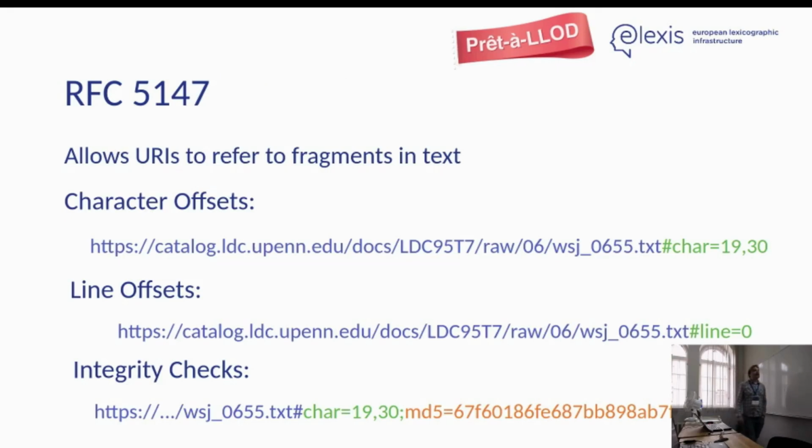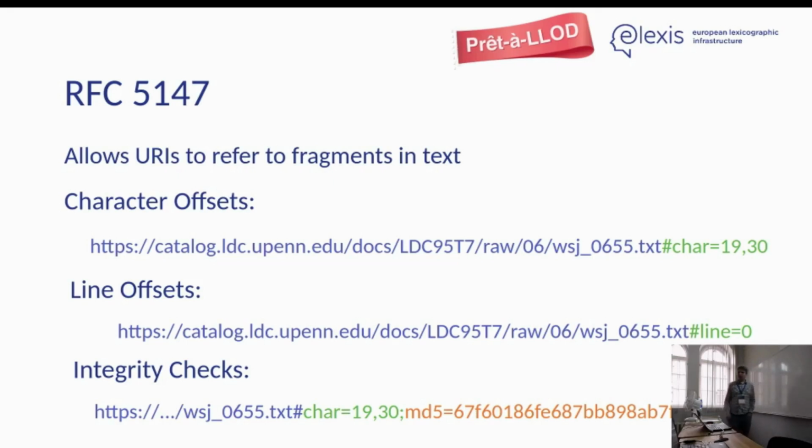The NLP Interchange Format primarily uses something called RFC 5147. RFCs, for those of you who don't know, stands for Requests for Comments, and these are arcane plain text web documents by which a lot of web standards started out.